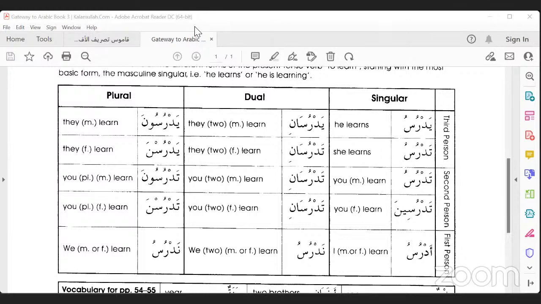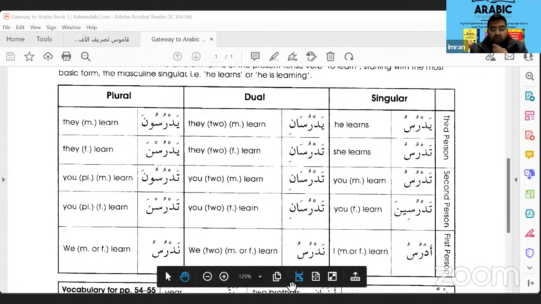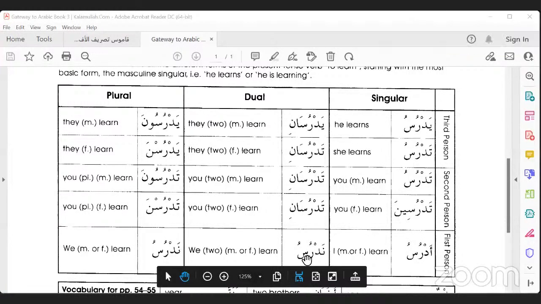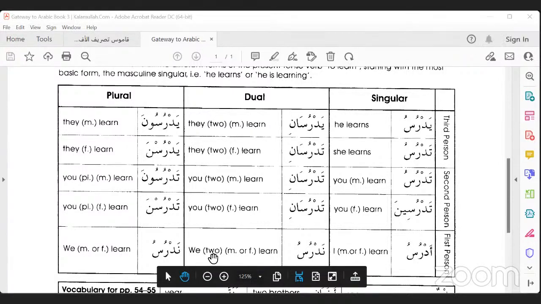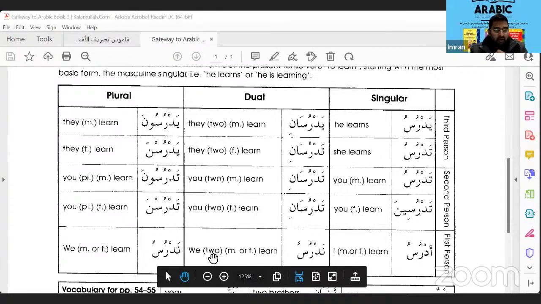Tadrusuna, you all male learn. Tadrusina, you female learn. Tadrusani, you two female learn. Tadrusna, you all female learn. Adrusu, I learn. Nadrusu, we male learn. Excellent. Nadrusu, we male or female. This is for both. Exactly. Jazakallah. That's brilliant. Thank you.